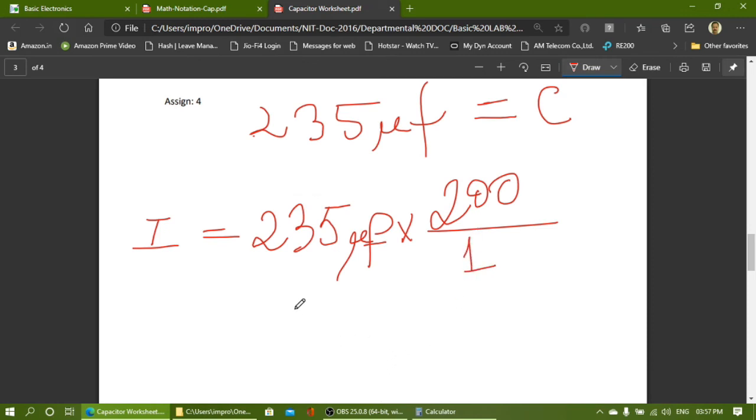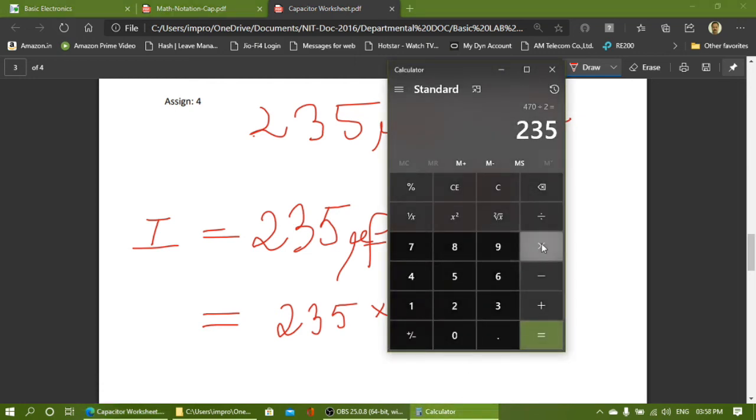Okay, so from this equation we will get 235 into 200. Make the calculation.